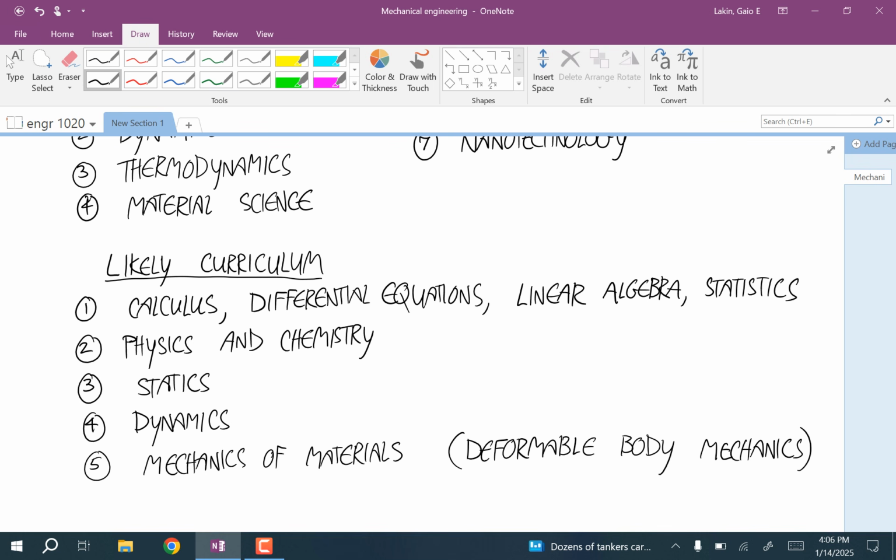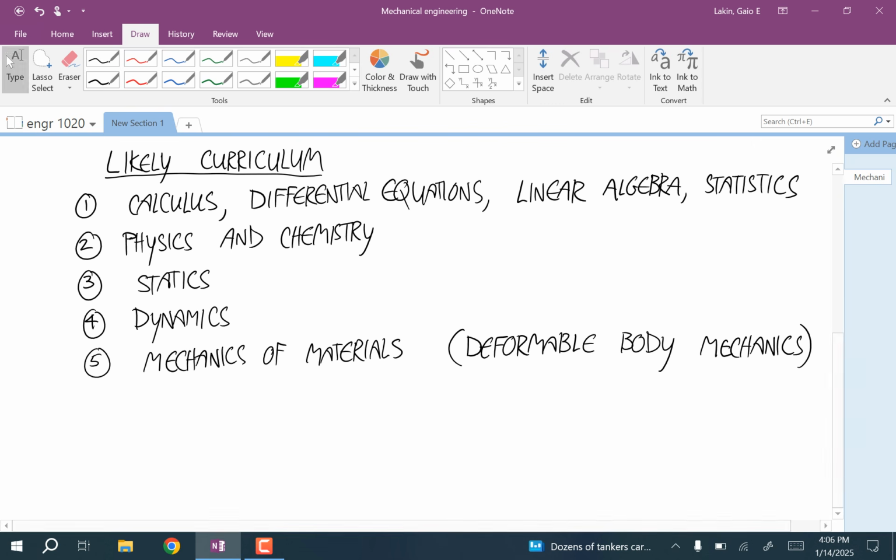And this, let's see, there's one more that goes in here. Number 6 is thermodynamics. And these are all the things that you can take at Normandale.